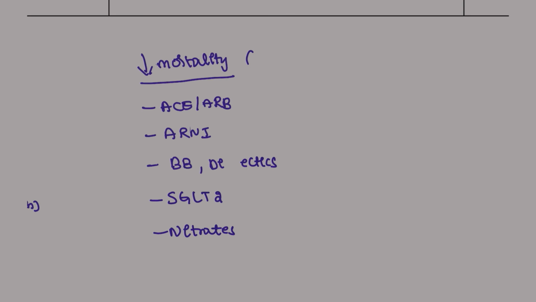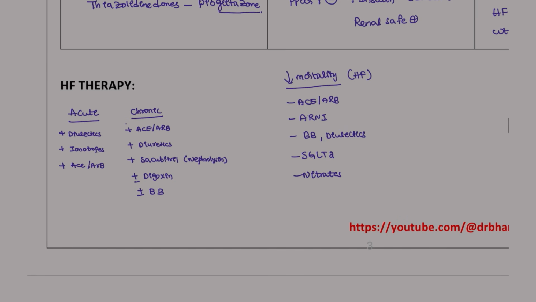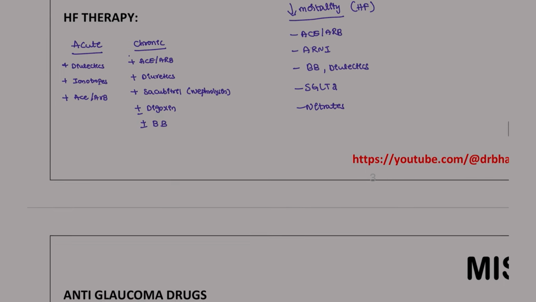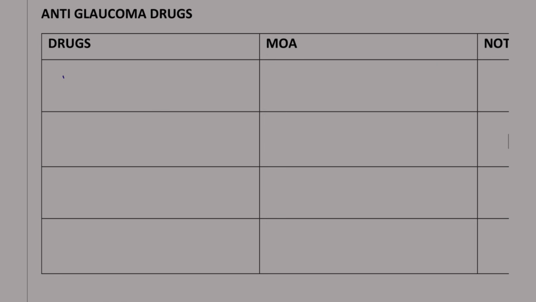These drugs will decrease the heart failure mortality rate, which is why they are commonly used for heart failure patients, and they improve the prognosis of the patient. Next, moving on to the anti-glaucoma drugs. We have different classifications. One is the prostaglandin analogs, right? Another one is the beta blockers.